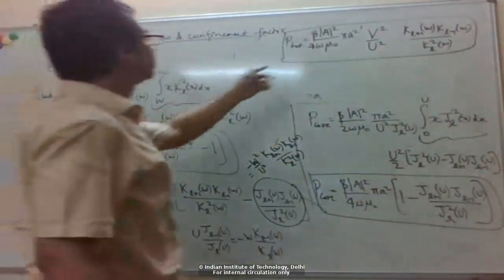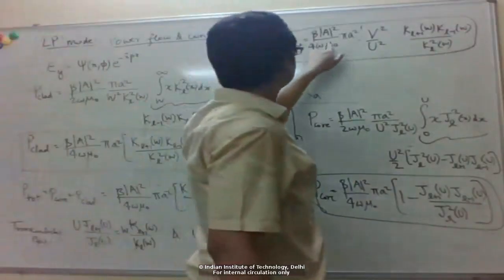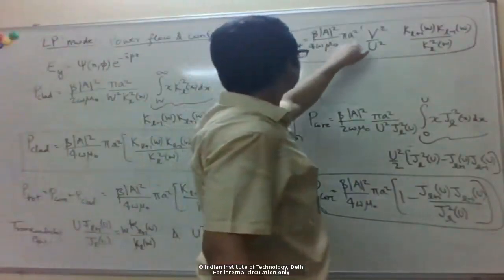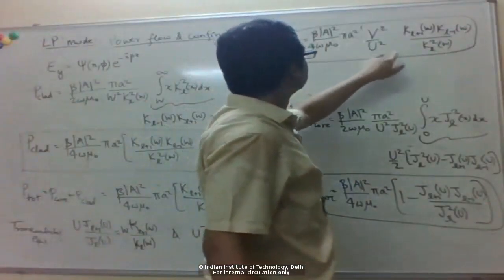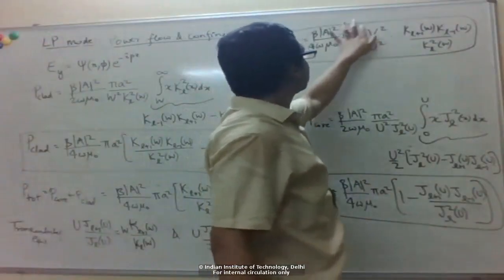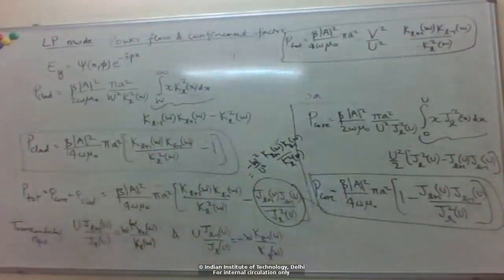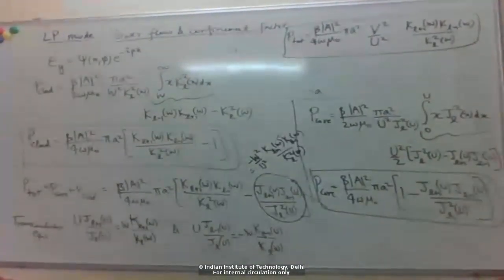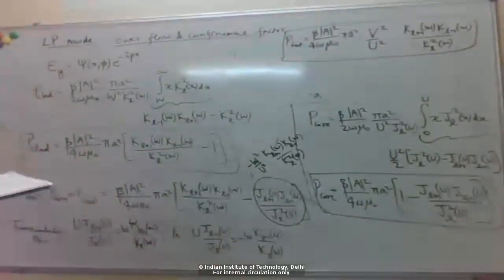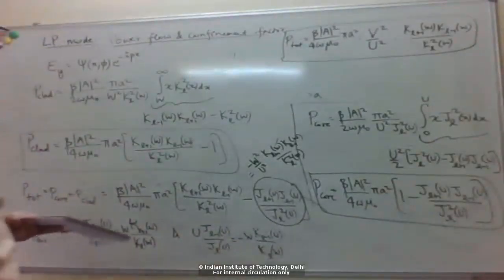Again, you can see I have something which converts the amplitude to intensity times area, and then we have the V number of the fiber also coming in, and then the dependence on the mode profile. So the fractional power in the core is known as the confinement factor.